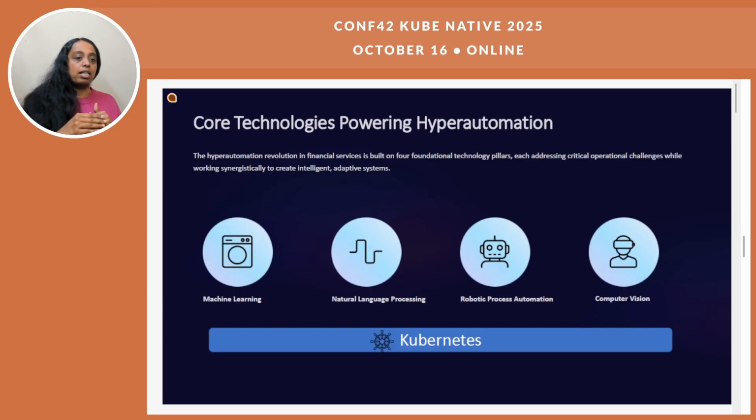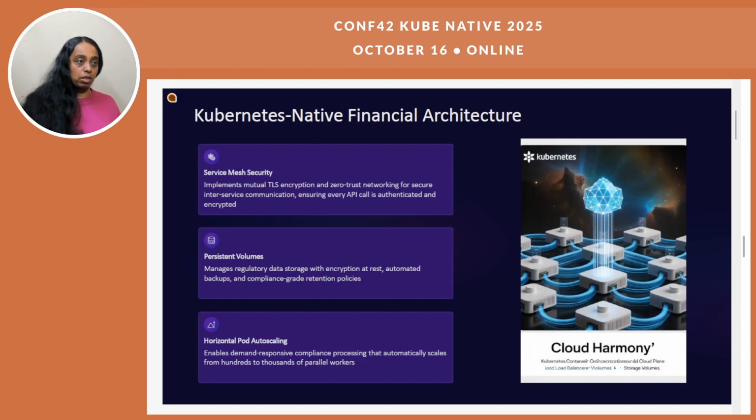Kubernetes serves as the foundational orchestration layer for all of these technologies to come together and support hyperautomation. Kubernetes is able to do that as it can consistently scale and provide secure systems for every component, from machine learning and inference engines to workflow automation bots. We'll talk about the architecture details a little more as we discuss the use cases.